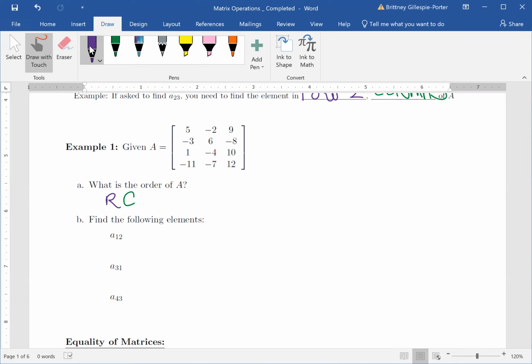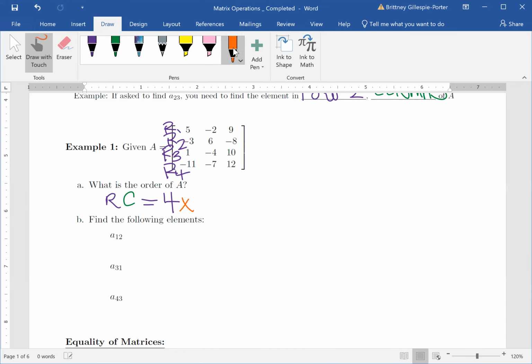So let's first count our rows. If we're looking, we have row 1, row 2, row 3, and row 4. So we have 4 rows.